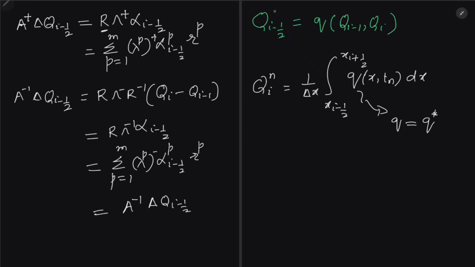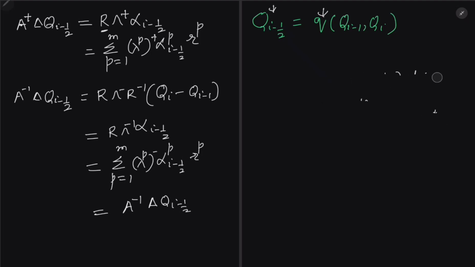Suppose that we have this q i minus 1 half as static, maybe with some arrow over here which shows that we are working with Godunov's method for the Riemann problem. And on I minus 1 half we have the I and I minus 1 values, and this is the q arrow for Godunov's method. Suppose that the information is traveling from q i minus 1.